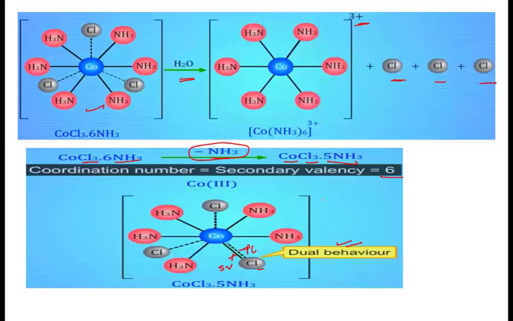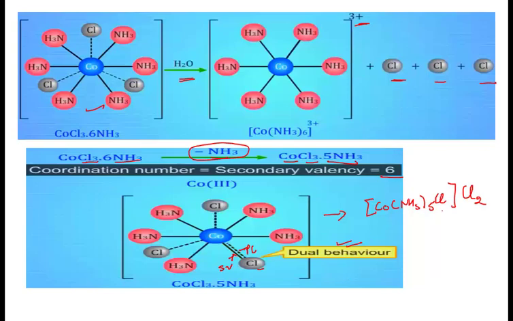How many chlorines will be there? So now this complex can be represented as [Co(NH3)5Cl]Cl2. This is how we can represent this species.